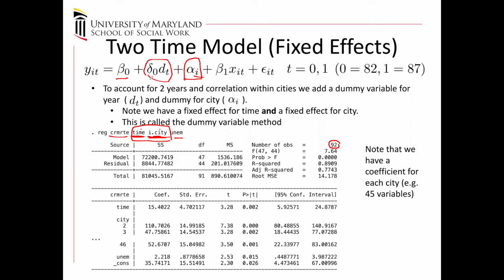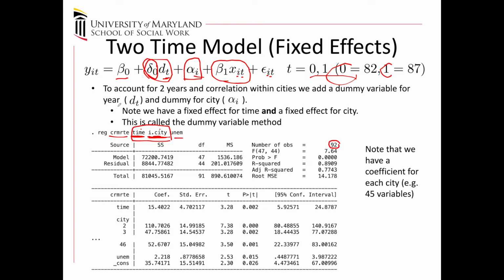We have our time variable here, and time is just 0, 1, with 0 being 1982 and 1 being 1987. So I just created a variable that did that. And then we have unemployment, which varies between cities and within cities, between and within. And then we have an error rate between and within as well.